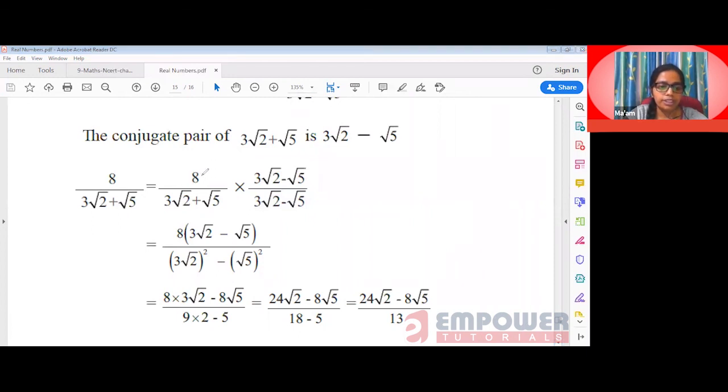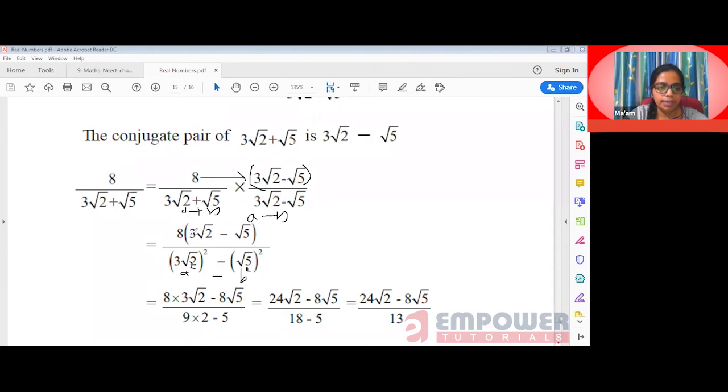So if you see, you have to multiply this bracket, and this is a plus b, and this is a minus b form. That means a square minus b square form, right?